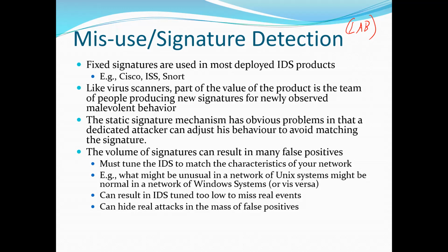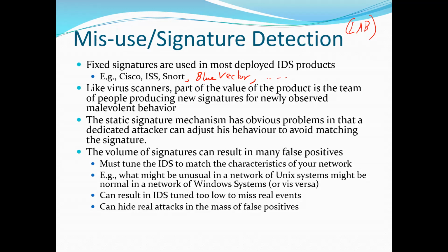So fixed signatures are used in most deployed IDS products: Cisco, ISS, Snort. I'm pretty sure Blue Vector has some signatures as well. And there are a lot of companies nowadays doing networking work that are trying to compete with Cisco, although they used to be the only one.